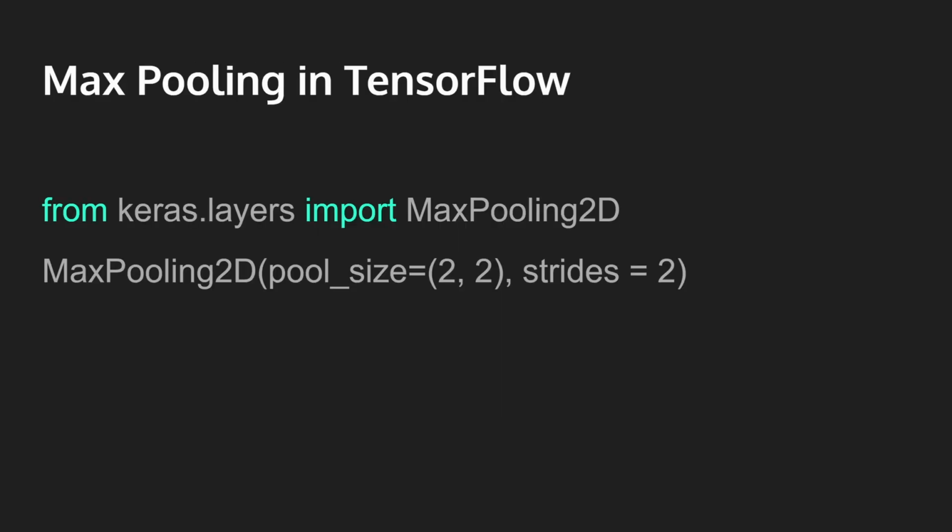Okay. So let's see how you actually code this in TensorFlow. It's really simple, right? It only requires 2 lines of code. So we set the pool size, which is 2x2 in our case, and our strides is 2. You can set this to 1. It doesn't really matter. Well, it does matter, but you can do some experimenting.